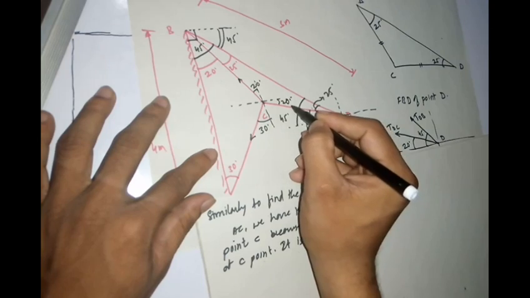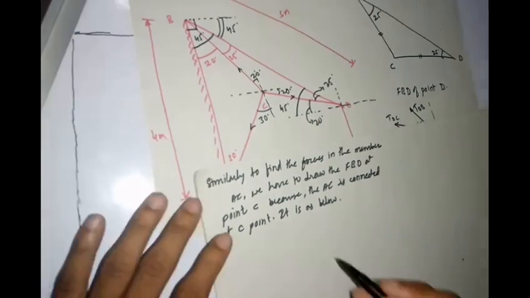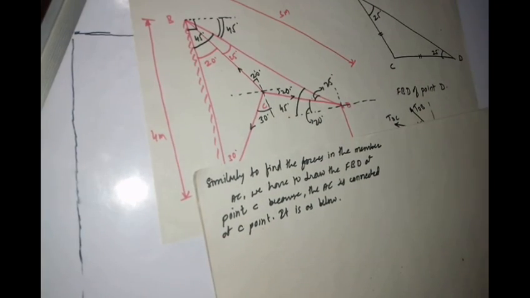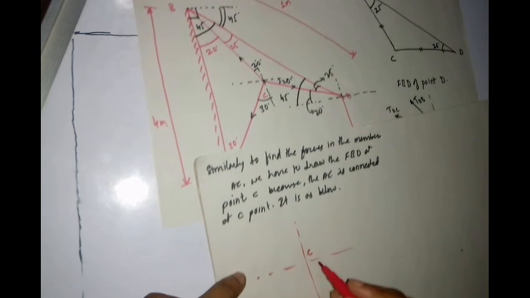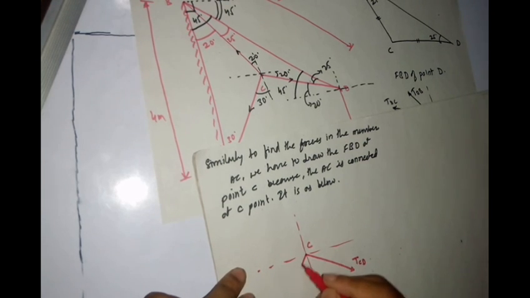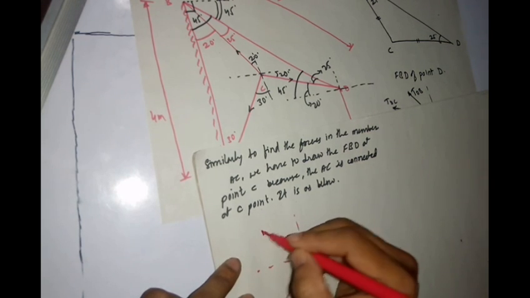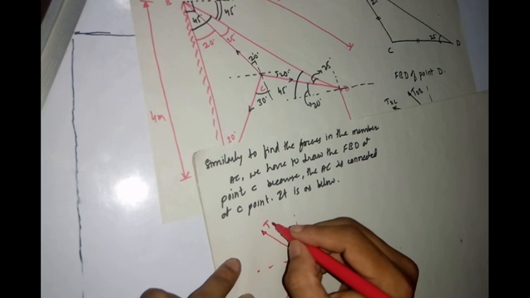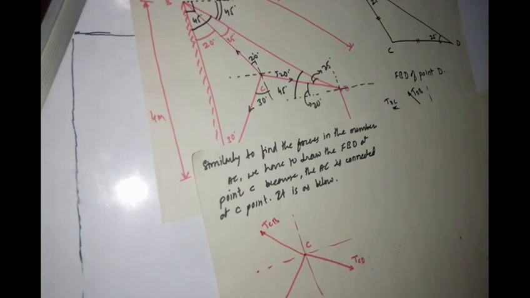So the free body diagram is this: this is point C, here it is member TCD, here it is TCA, and here it is TCB.